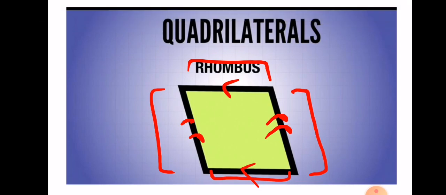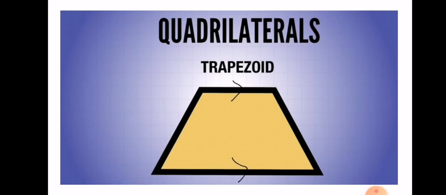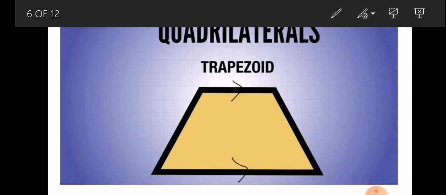Now, the last quadrilateral, which is the trapezoid. The trapezoid is not a parallelogram. What does that mean? The parallelogram, we said, has two pairs of parallel lines. The trapezoid is not a parallelogram because I have just one pair of parallel lines, not two pairs. So these two lines are parallel, but these two lines, this one and this one, are not parallel.